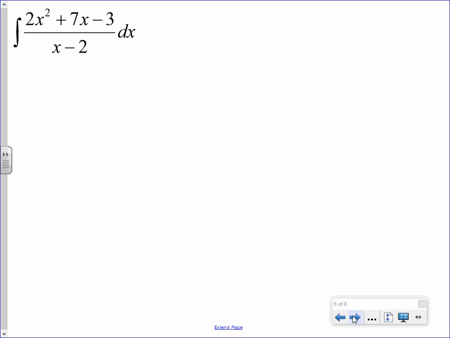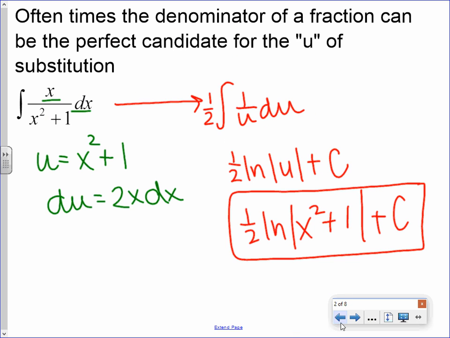Okay. Thoughts on this one? Yeah. The polynomial in the numerator is higher than the denominator. Now, when we did our very first example, I got really excited because the denominator had a higher degree, right? We made the denominator u, and then that was helpful with our numerator.